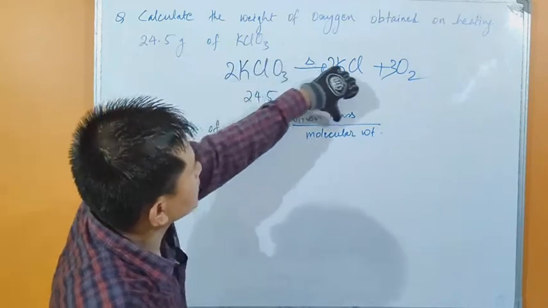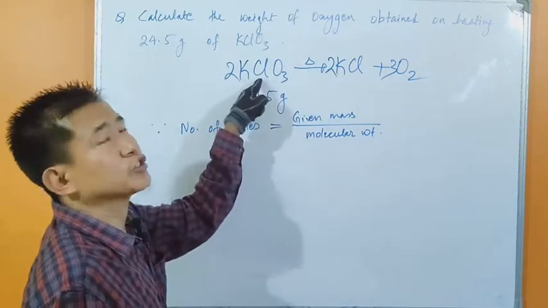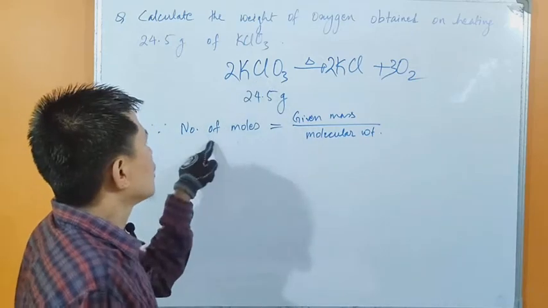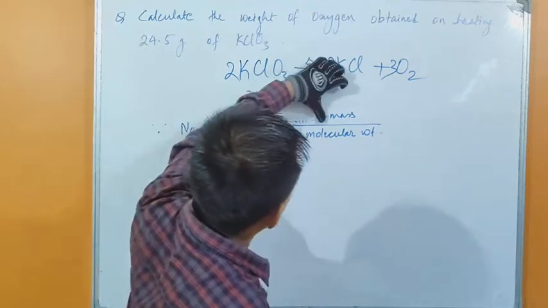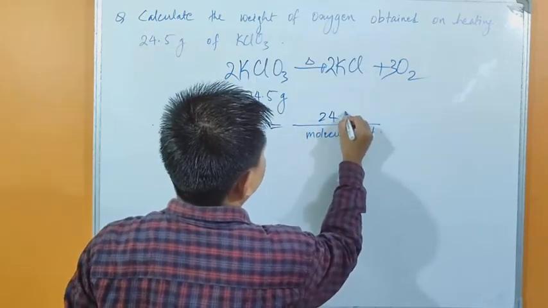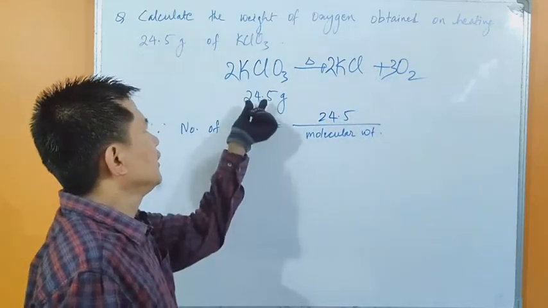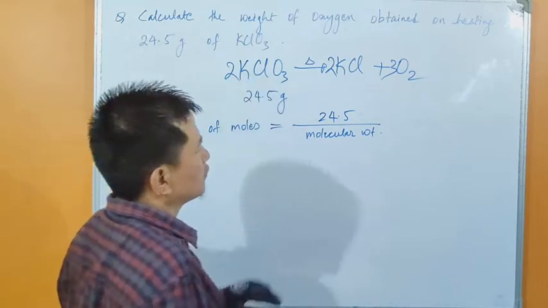Given mass is how much? 24.5 gram. We are trying to find the number of moles of potassium chlorate. Let us write 24.5 gram here. And how will you calculate the molecular weight of potassium chlorate? We know that very well.